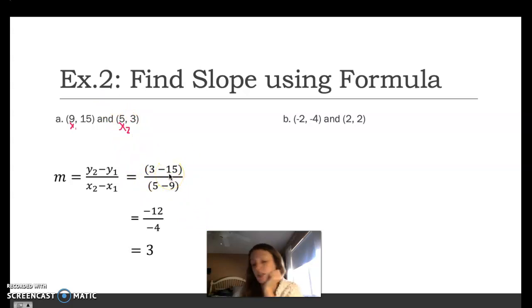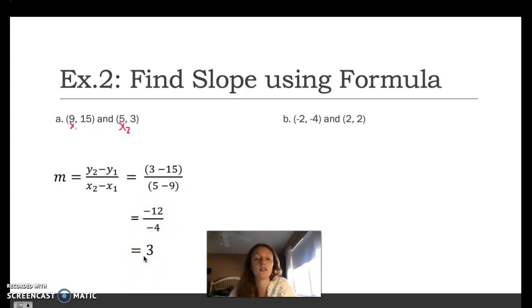If I do that subtraction, I'm going to get a -12 here. And then I'm going to get a -4 on the denominator. So I get -12 over -4. When I simplify that, I have 2 negatives, so that makes a positive. 12 divided by 4 is 3.